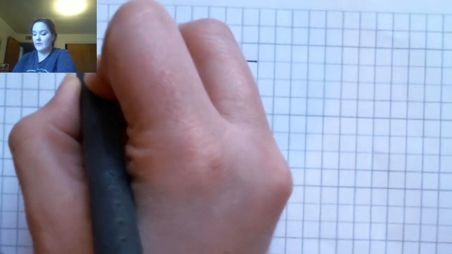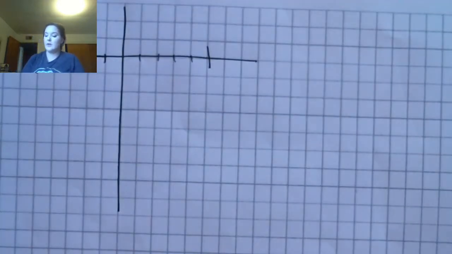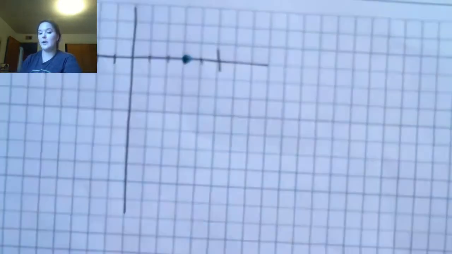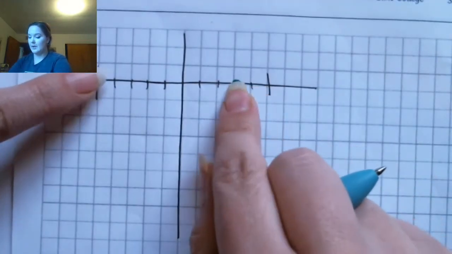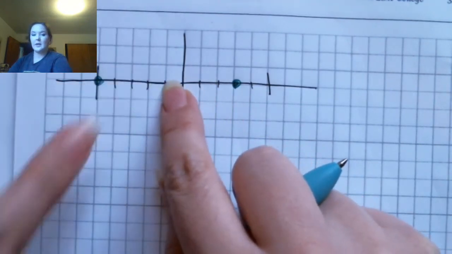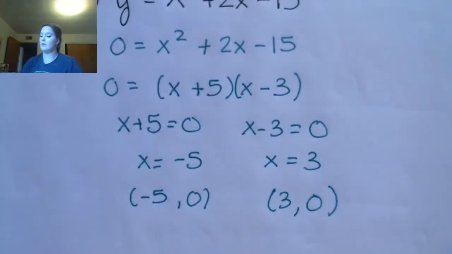So I'm going to start looking at my graph here. So negative 5, 1, 2, 3, 4, 5. So negative 5, 0, and then 3, 0. So I'm going to look at the point that's halfway in between them. I'm just going to do this visually, and I get that my x value is negative 1.